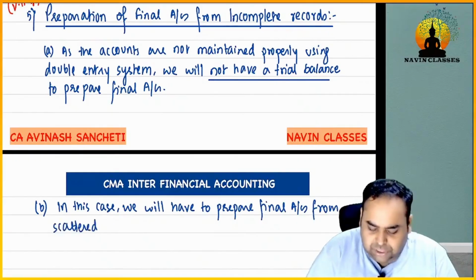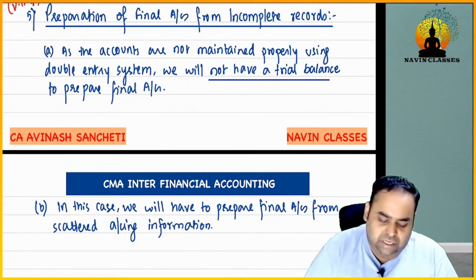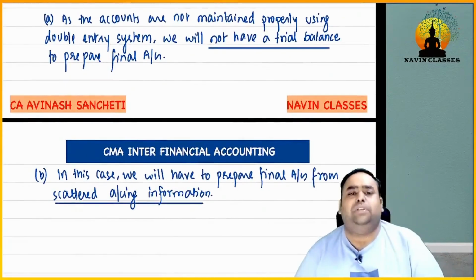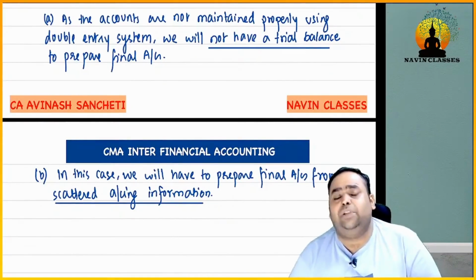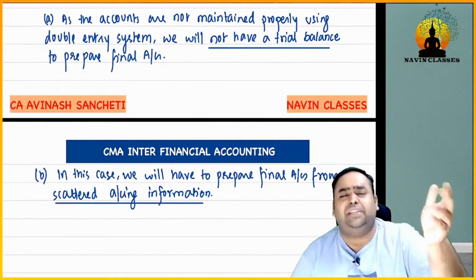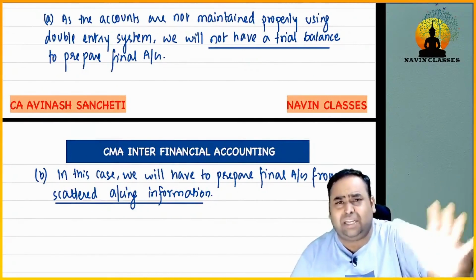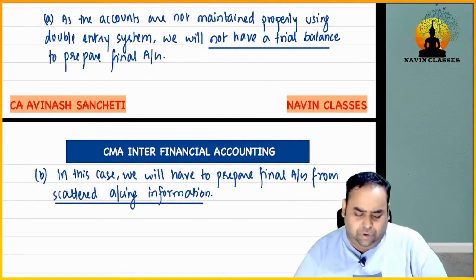With the help of a trial balance, all the information is given in the table in an organized way. And if there is no trial balance, then the information will be scattered. Sometimes it will tell about debtors, then cash or others. Because of this, the information will be scattered everywhere.